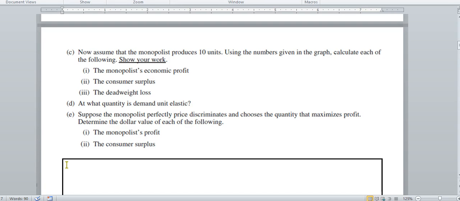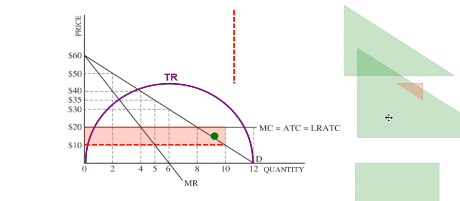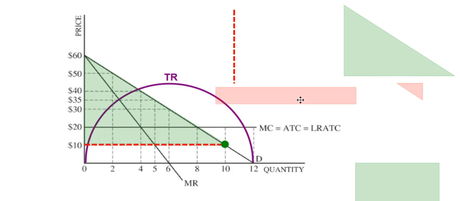Okay. So what would the consumer surplus be? Well, that's simple. That's just going to be the area above price and below the market demand. So if consumers are paying a price of 10 and the demand curve is here, then this whole area is going to be your consumer surplus.